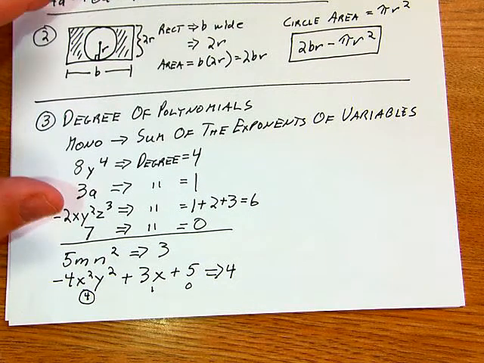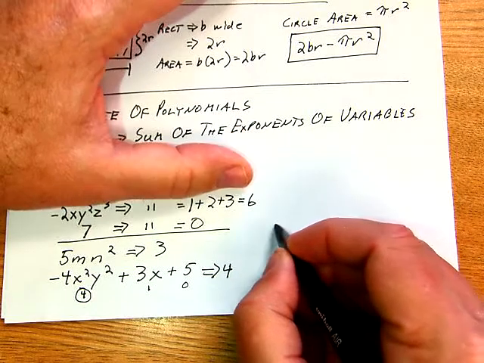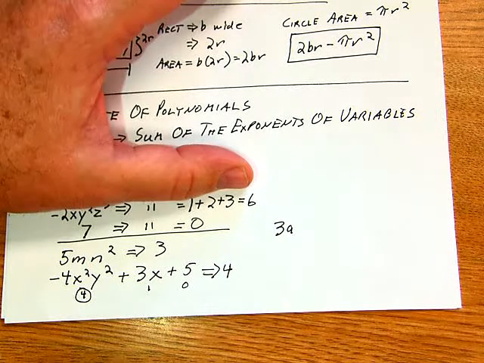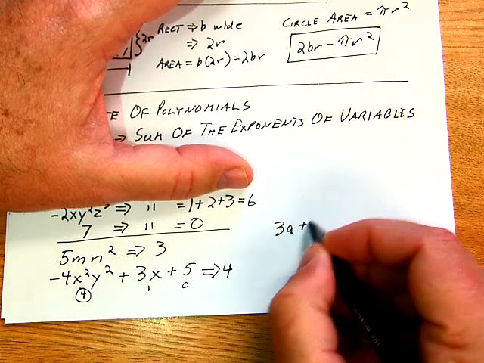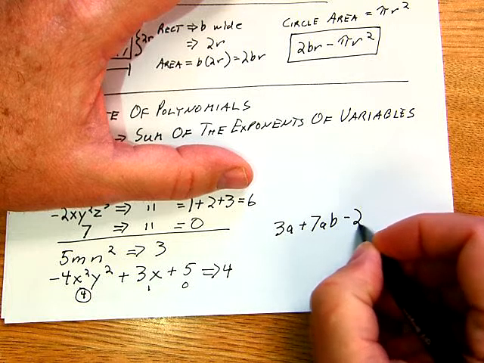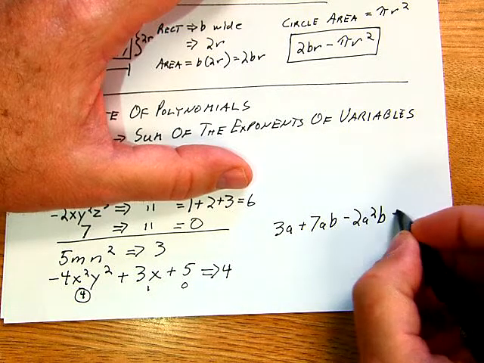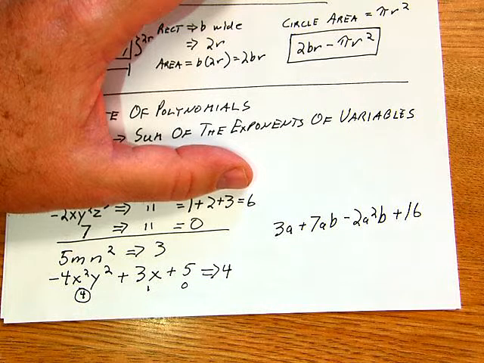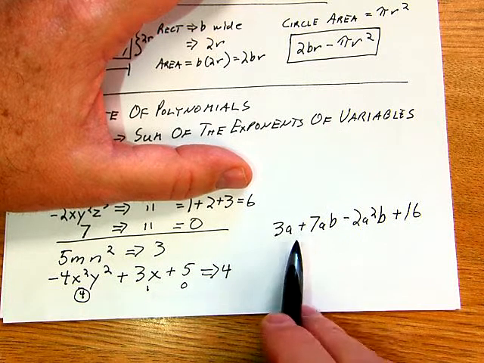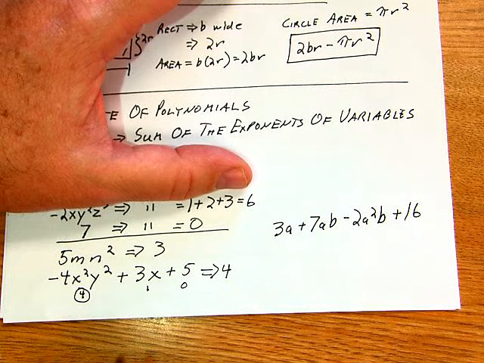Alright, let's try one more. Let's try 3a plus 7ab minus 2a squared b plus 16. Well, first of all, to figure out the degree of this polynomial, we'll find the degree of each of the monomials that are in the polynomial.